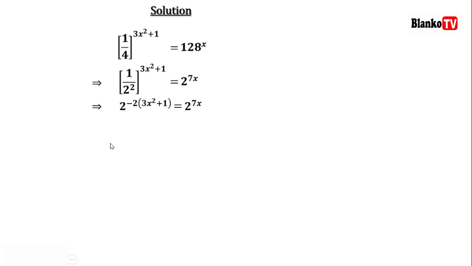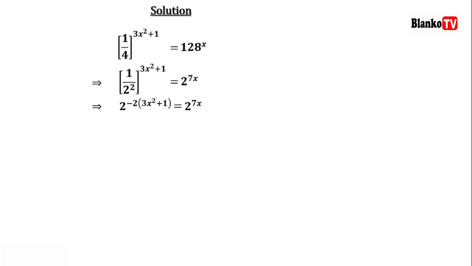So we have 2^(-2(3x²+1)) equals 2^(7x). Since the base on the left and the base on the right are the same, which is 2, we can now deal with only the powers, or the index.